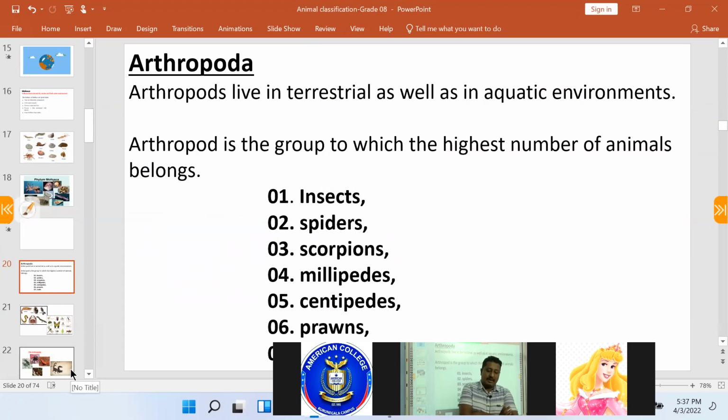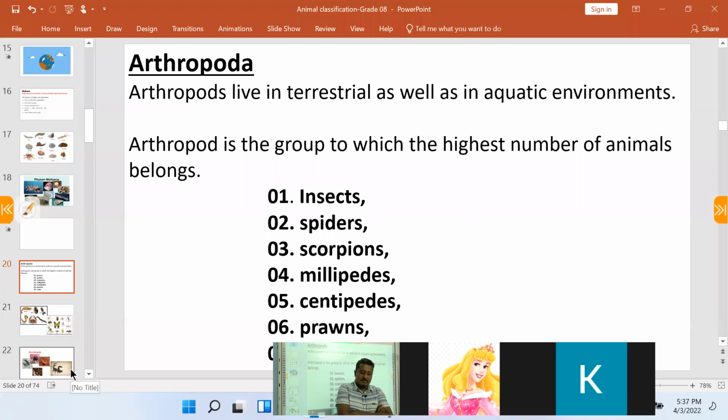So arthropoda can be grouped into many. As examples, all insects, සියලුම කෘමි විශේෂ, spiders, scorpions, ගෝනුස්සෝ, millipedes, හැකරැල්ලෝ, centipedes, පත්තෑයෝ, prawns, isso, crabs, kakulu, lobsters, pokirisso.